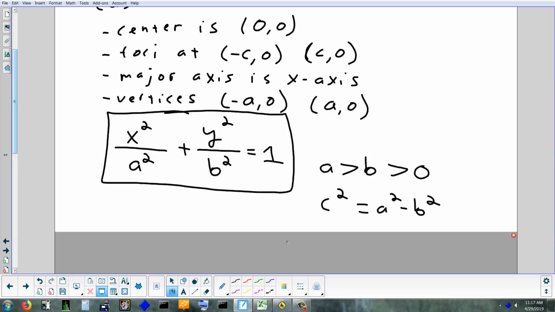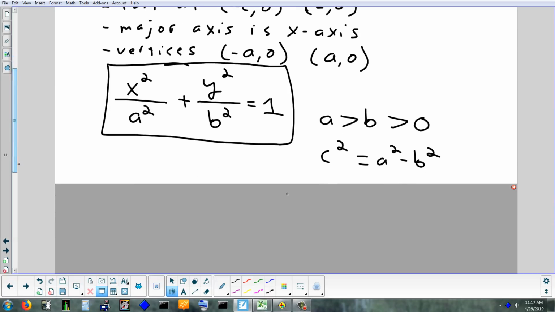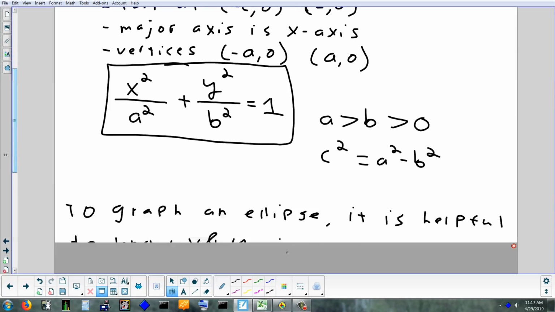As long as I give you 2 out of 3, you can use this formula and find the 3rd one. Kind of looks like Pythagorean theorem, but it's not. It's just c squared equals a squared minus b squared. And if you want to make a reference sheet, you can put that on your reference sheet.